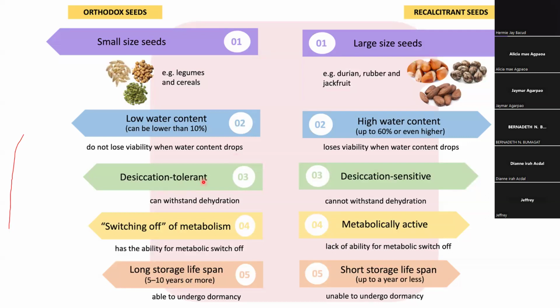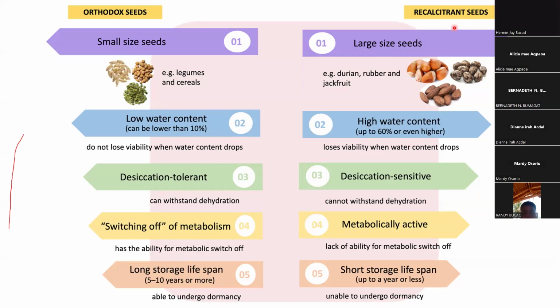Then they can tolerate desiccation or dehydration. It has the ability for metabolic switch off, meaning parang nag-hibernate, dormancy pala. Then of course, orthodox has a longer lifespan compared to recalcitrant. They are able to undergo dormancy.